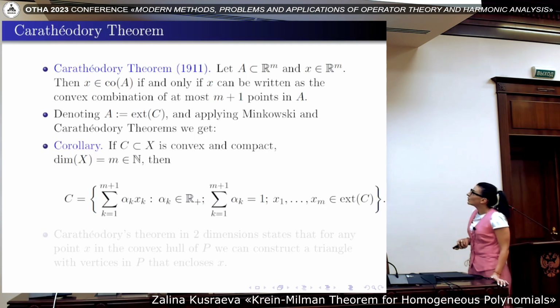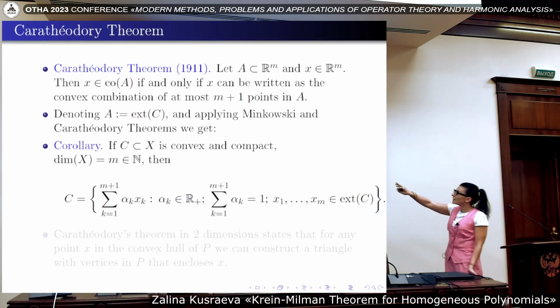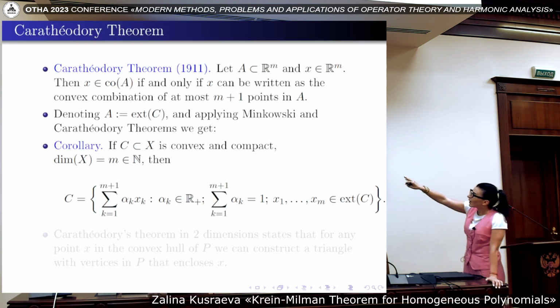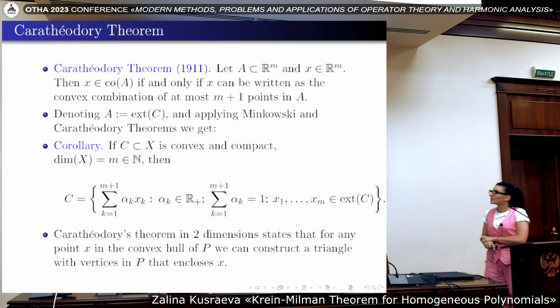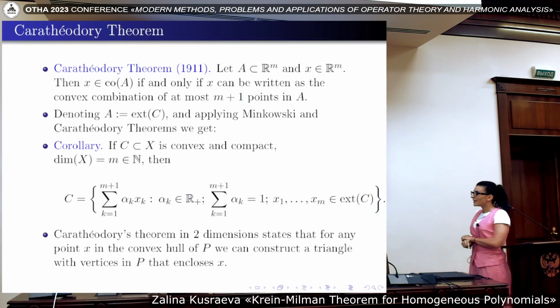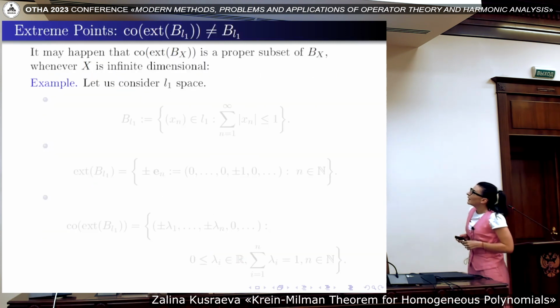This means that a convex compact subset of a finite dimensional m-dimensional space has the following representation: it is the set of convex combinations of m+1 extreme points of C. So Carathéodory's theorem in 2 dimensions states that for any point x in the convex hull of P, we can construct a triangle with vertices in P which encloses x.